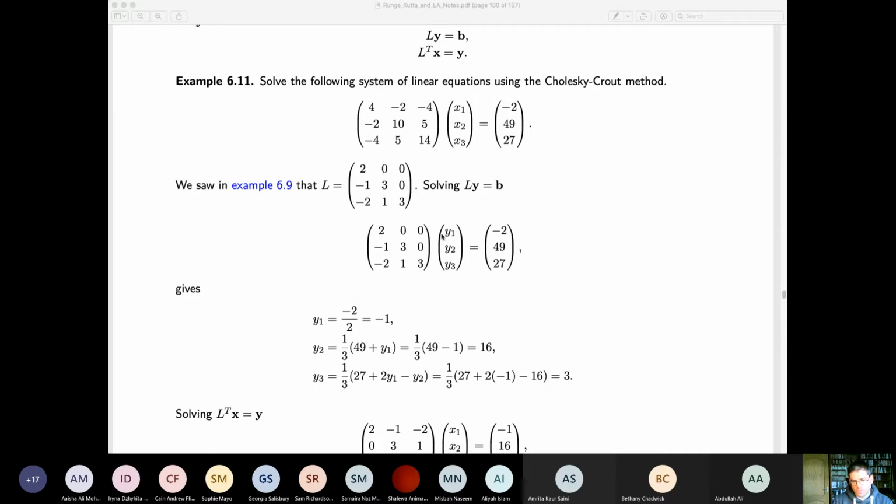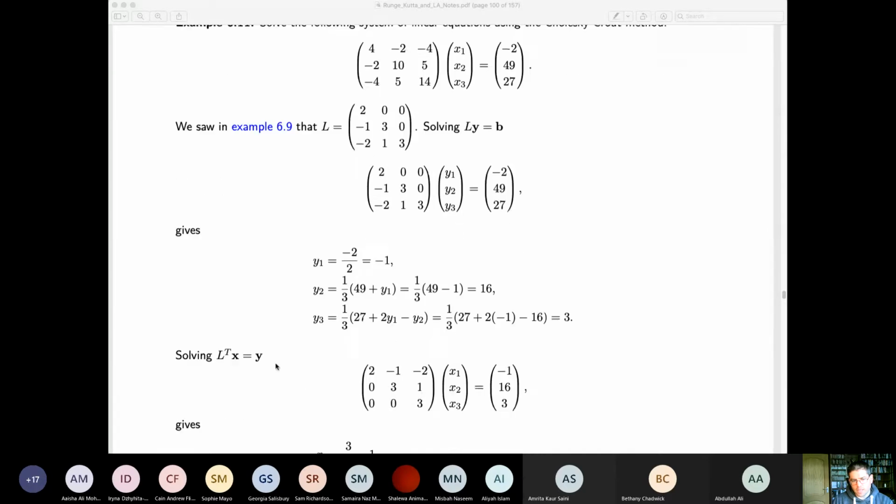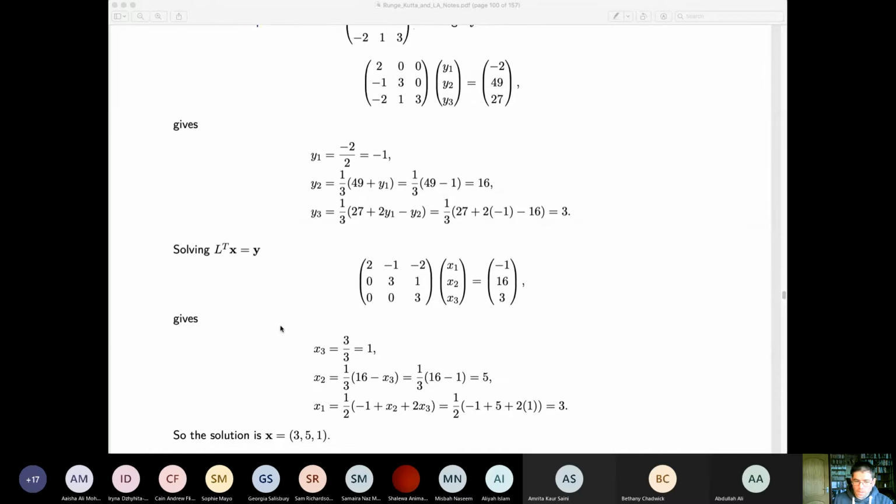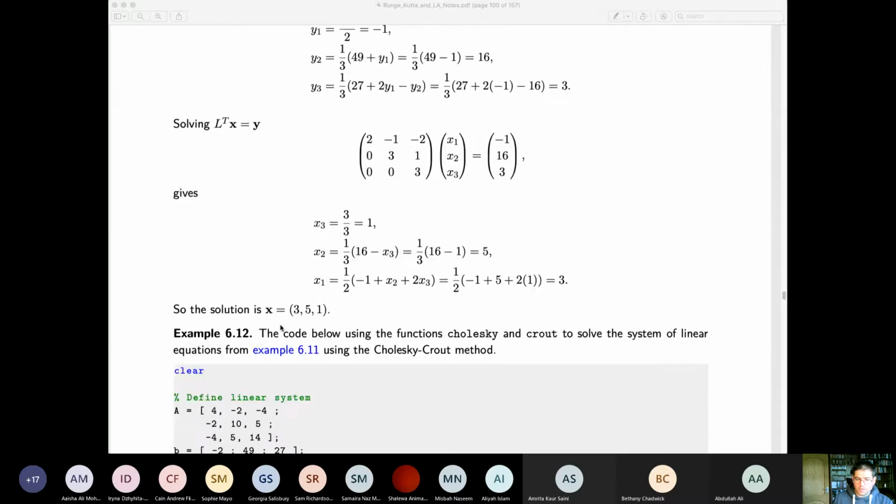Okay, so for example, 2y1 is equal to -2, so obviously y1 is -1. So with forward substitution, we get our y values, and then we use L transpose X equals our y values we just calculated, and we calculate that using back substitution. Okay, and I've got some code below it.